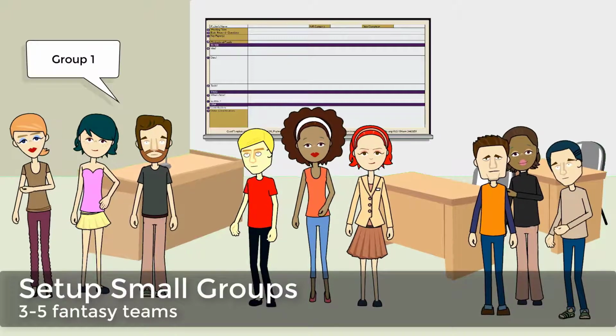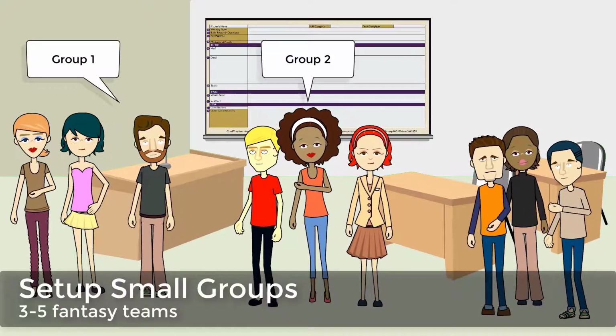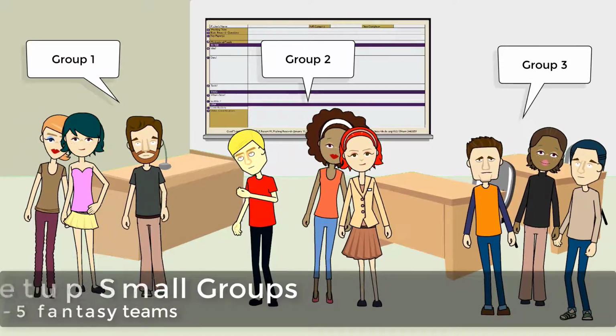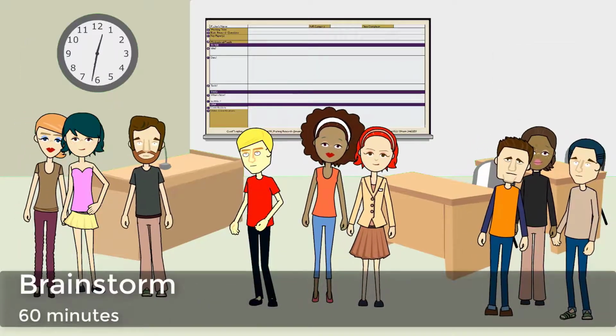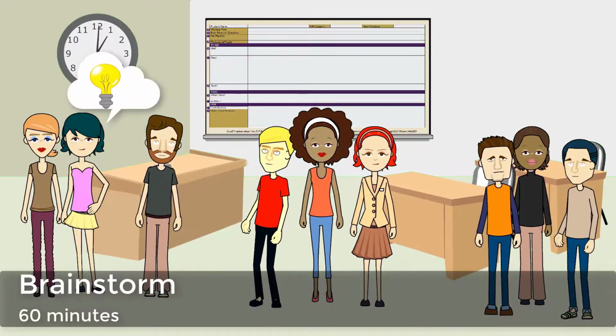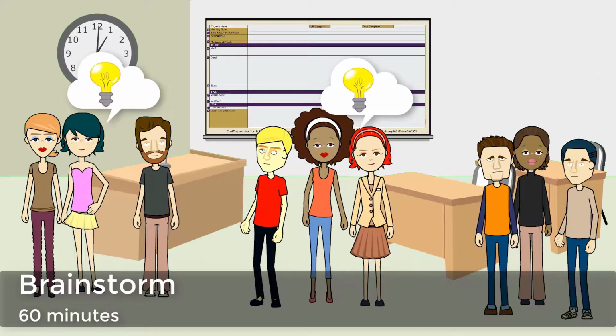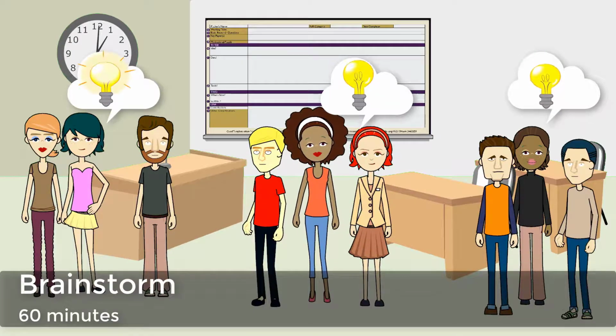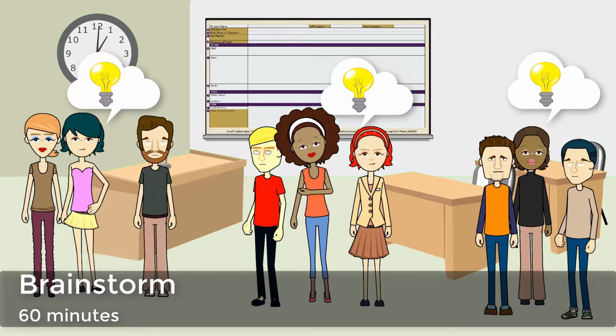If possible, this should be set up so that there are 3 to 5 fantasy teams competing against each other. As a team, you have 60 minutes of brainstorming to generate your fantasy pitch, which likely is seeded with some prior group exercises and thinking about where good research ideas come from.